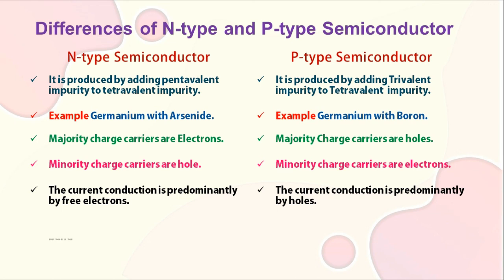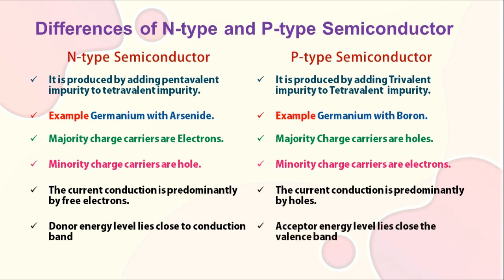And then, in N-type, the donor energy level lies closer to the conduction band, and in P-type semiconductor the acceptor energy level lies closer to the valence band. Okay, so these are all the differences between N-type and P-type semiconductor.